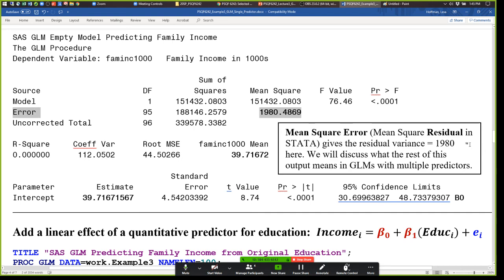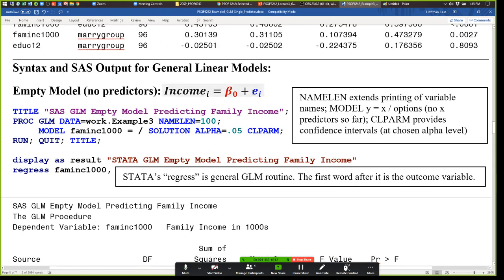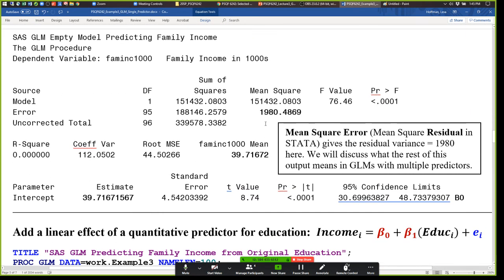That is the variance of the E's after they are predicted by whatever betas you're using. If you don't have any predictors, that variance from the empty model is all the variance in income, and that's the exact same number that we saw earlier when we ran descriptives. The square root of 1980, by the way, is right here, 39, so that's our sample standard deviation.